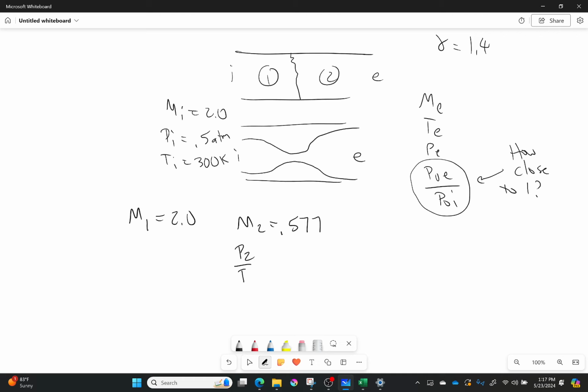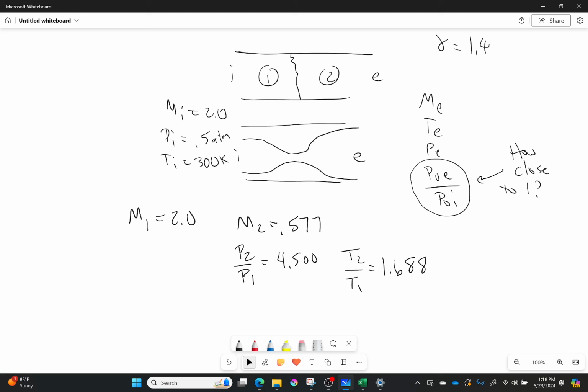P2 over P1 is equal to 4.5. T2 over T1 is equal to 1.688.